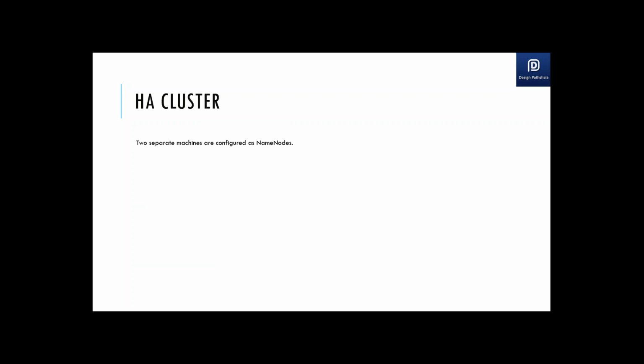So what happens in a high availability cluster, that is Hadoop 2.x architecture? In 1.x we don't have a high availability cluster. If the name node goes down, we have to manually start the secondary name node, so manual intervention is required. However, in the 2.x architecture, no manual intervention is required, and the cluster is made highly available with the help of Zookeeper.